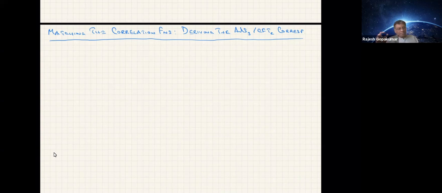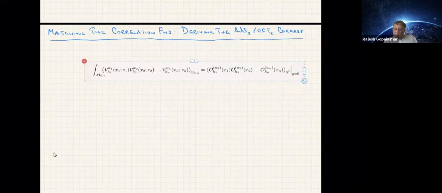What does it mean to derive a particular example of the AdS/CFT correspondence? One operational definition which we will adopt is the matching of the n-point correlation functions in the Euclidean theory, for instance. So n-point correlation functions of the planar or the perturbative spectrum of operators on both sides. So in other words, if we can show the equality of the correlators, let me write this out.